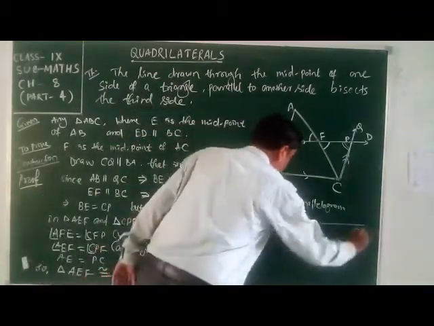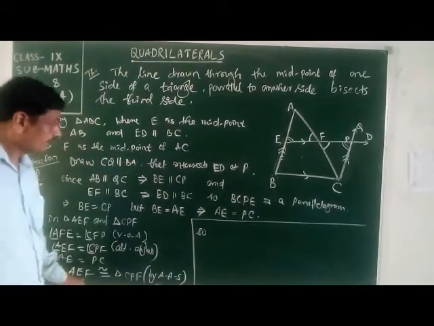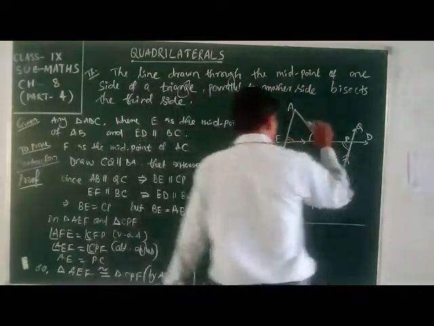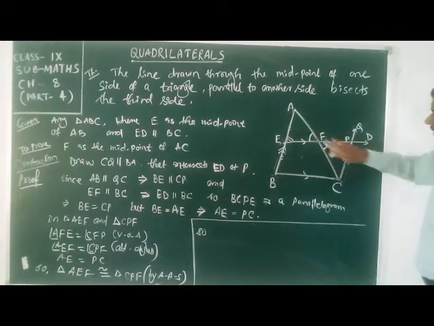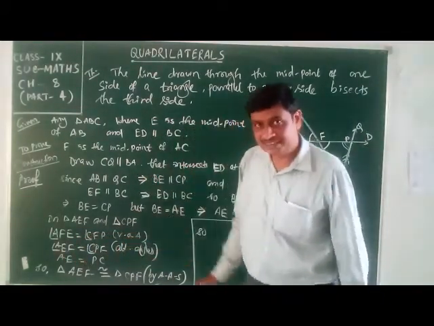So AF is equal to CF. Since both the triangles AEF and CPF are congruent, AF is equal to CF by CPCT.